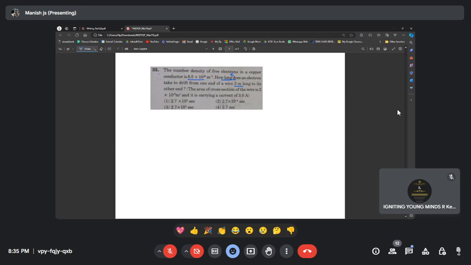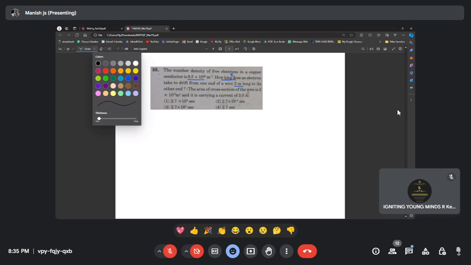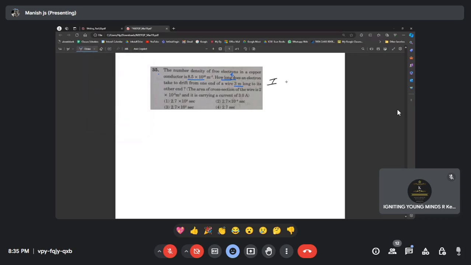Somebody is trying to tell, you can tell me. I equals N E A V D, where N is the number of electrons, A is the area of cross section, V D is the drift velocity. Okay, this is the formula.